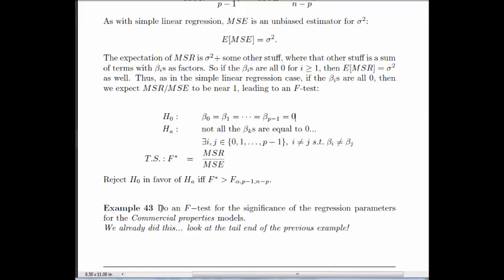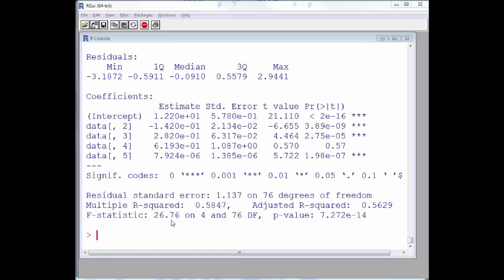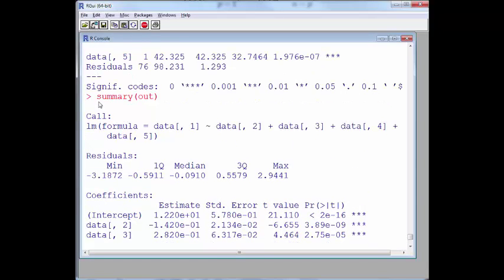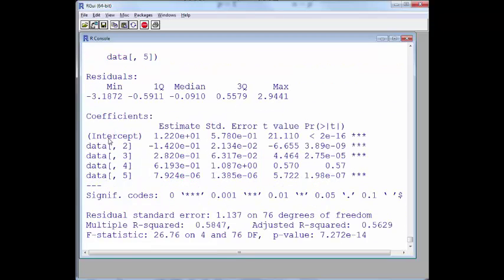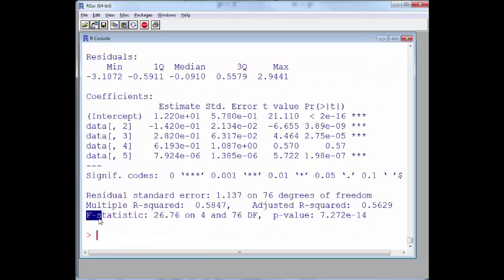So in example 43 here, it says to do an F-test for the significance of the regression parameters for that commercial properties model. It turns out we already did this. Just take a look at the tail end of the previous example, the summary of your linear model output. Here's your F statistic on 4 numerator and 76 denominator degrees of freedom.